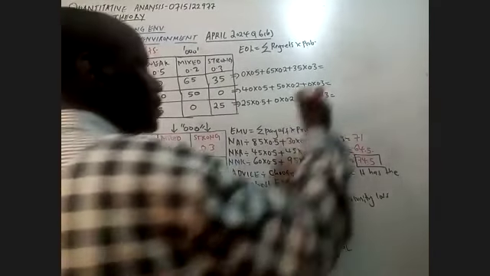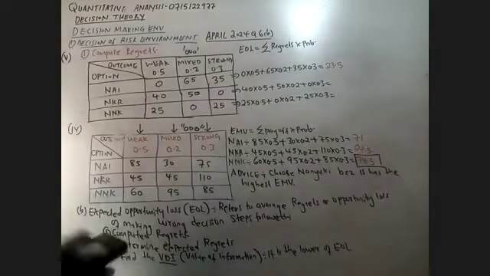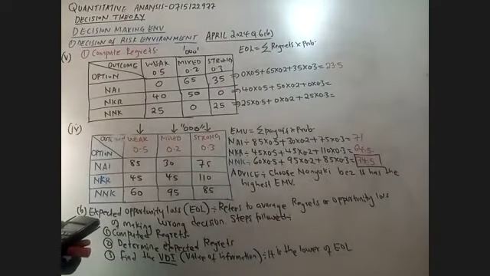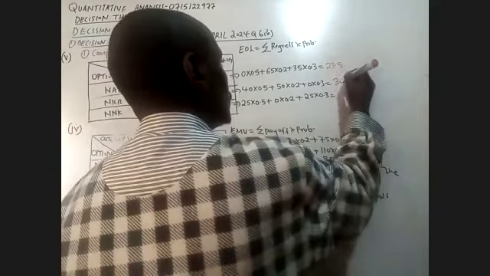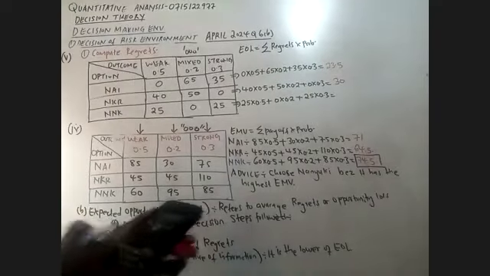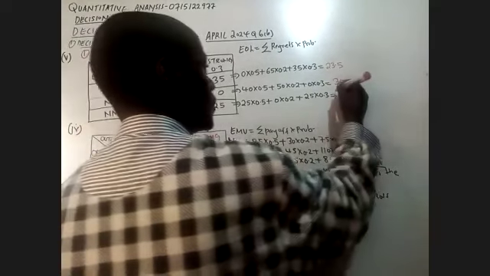Are you getting 23.5? For the second, 40 times 0.5, 50 times 0.2, then 0 times 0.3, that gives 30. Then 25 times 0.5 plus 25 times 0.3 gives 20.